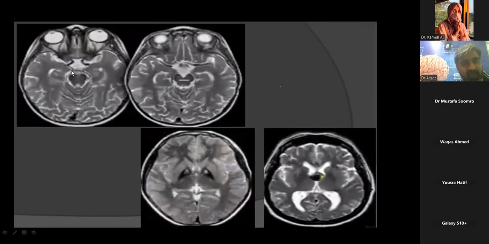What about this one? Posterior communicating artery. Excellent. And what about this one? PCA, posterior cerebral artery. These are cerebral arteries. So when there is a good image, you can see a clear and excellent picture and normal structures. So this is T2.